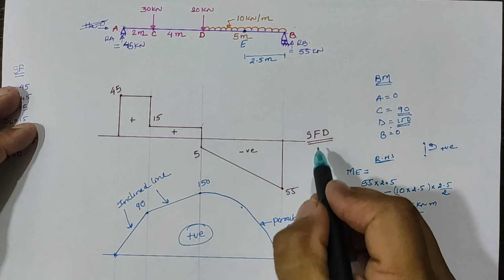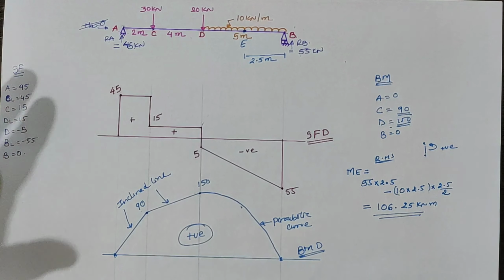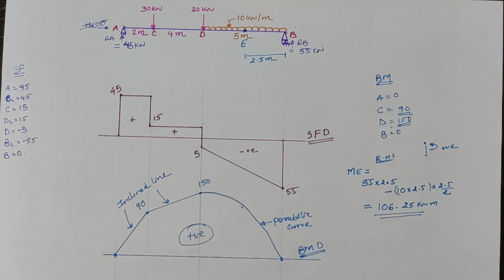So the figure indicates the shear force diagram as well as the bending moment diagram of the given beam. Thus we can calculate the shear force diagram, bending moment diagram as well as the reactions of different types of beam according to the given condition. Thank you.